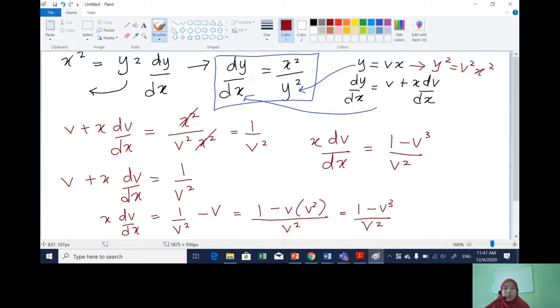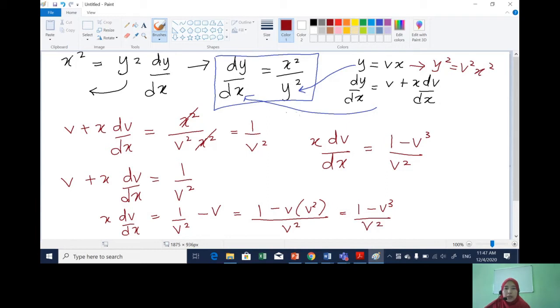Before I proceed, I'm going to explain again. We have the original equation, transform it to dy dx over q over p. And then we use the transformation y equal to vx, dy over dx is equal to v plus x dv dx. This one, we plug into the left-hand side for dy dx, and we also plug in the term for y squared.